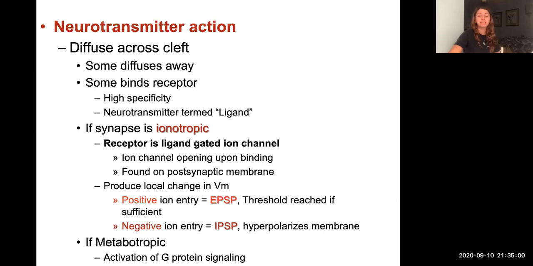Neurotransmitters are termed ligands. If the synapse is ionotropic, it's an ion channel opening upon binding, which just means, like what we've been talking about, the action potentials. So the ligand-gated ion channels are ionotropic, which has to do with the sodium channels we've been talking about all this time, right?